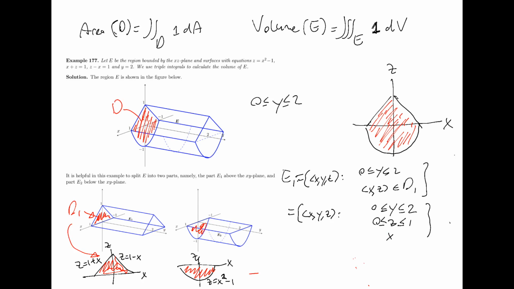And x is then between this curve over here and that curve over here. So this curve, this is where x is equal to z minus 1. And this curve, this is where x is equal to 1 minus z.